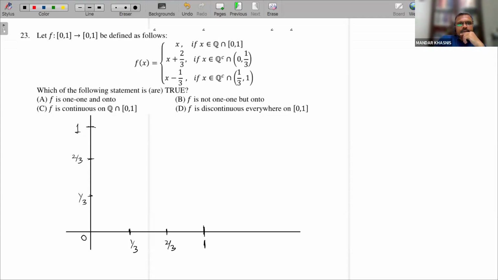Anybody who got the answer? Simply plot will give you the answer.